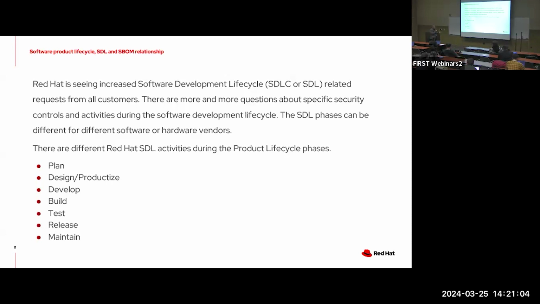What is the role of SBOM in the SDL activities? Here we see a list of different product lifecycle phases, and during all of those phases there are different SDL activities on the Red Hat side.